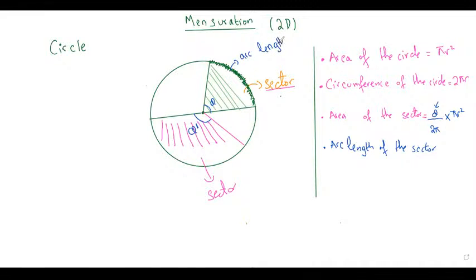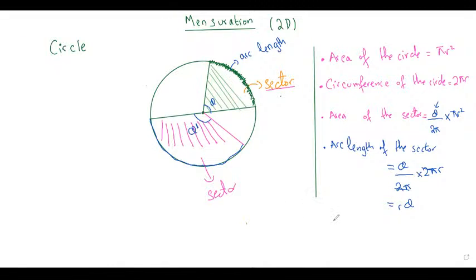So this is the arc length in case of the smaller sector, and this line is basically the arc length of the bigger sector. So again, that is going to be different. It depends on the angle. Theta divided by 2 pi multiplied by 2 pi r. 2 pi and 2 pi would be cancelled, and we have r theta only. Okay.